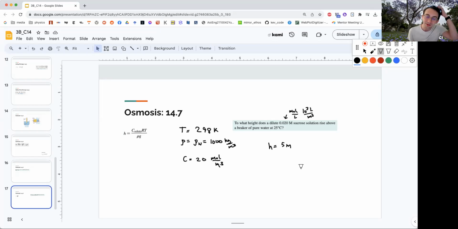We also run into the language of isotonic, hypertonic, hypotonic. This is just a way of describing the solution typically outside of the cell. So a hypotonic solution would be one with less solute than the inside of the cell, and would thus cause the water outside the cell to want to flow inward to balance the two pressures, which leads to the cell rupturing.